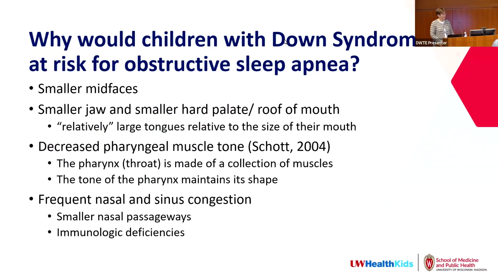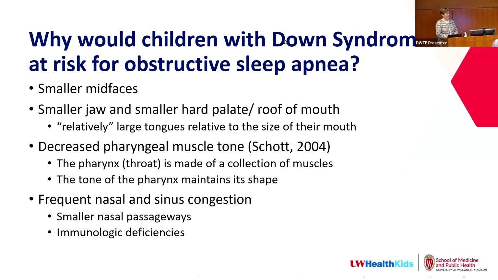Why would children with Down syndrome be at risk for sleep apnea? I know I'm in a very educated audience here, but there are different factors and everyone's different as well. A smaller mid-face means the maxilla, the jaw bones, are smaller, as well as the hard palate. The roof of the mouth is called your palate.